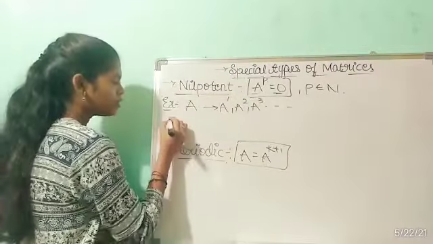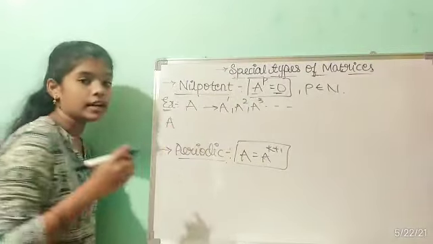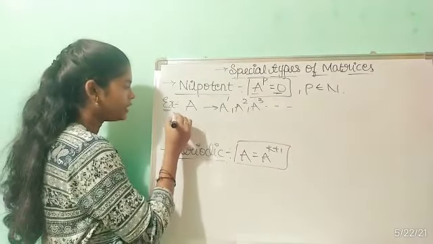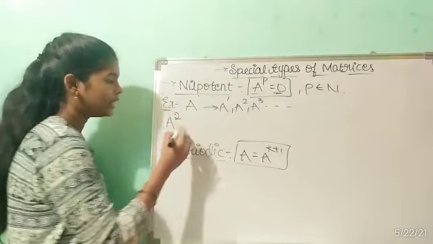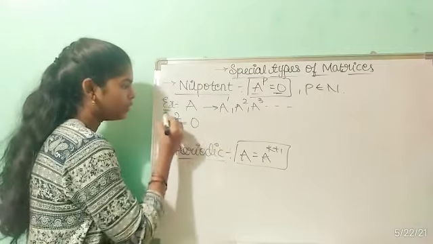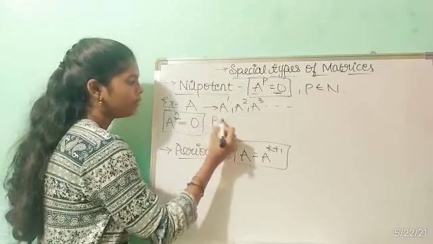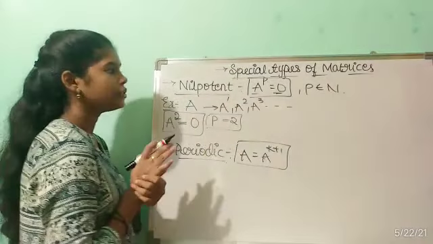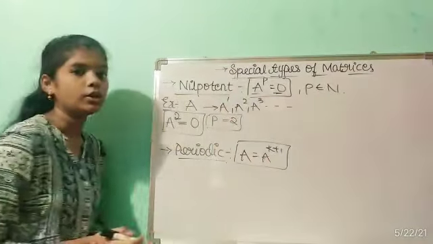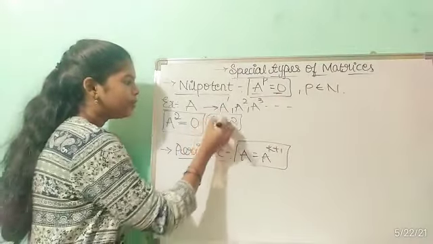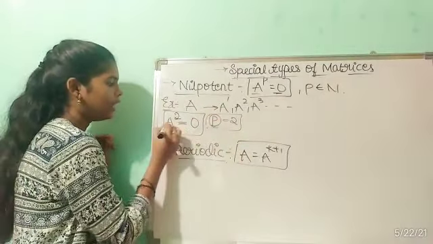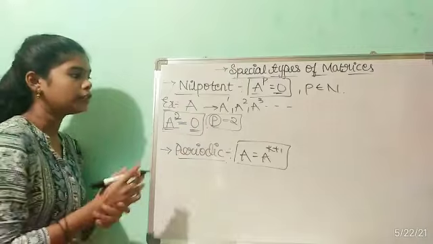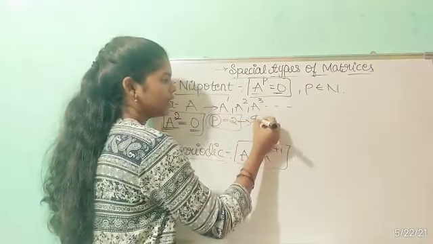So if we are given a matrix A, and if you find A square and A square is equal to 0, then the P value will be fixed as 2. Okay, the condition we have to check is A power P is equal to 0. For what value of P the matrix A will be 0, that value of P is known as index.